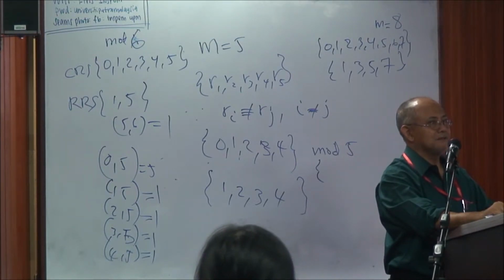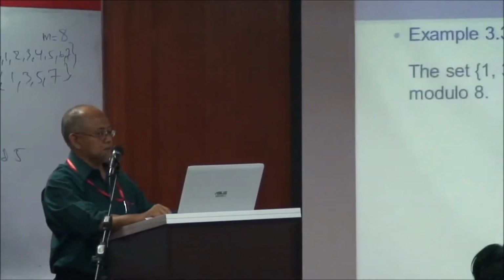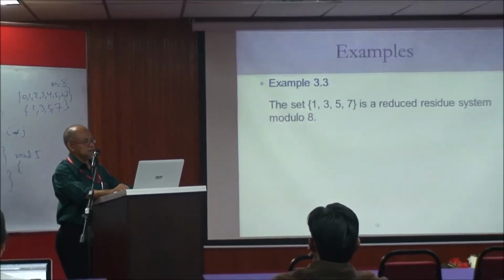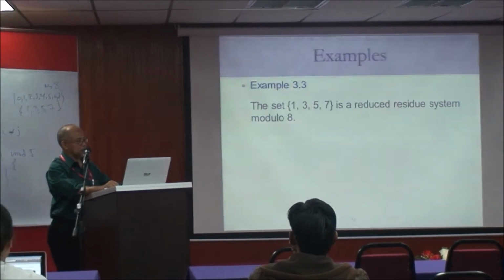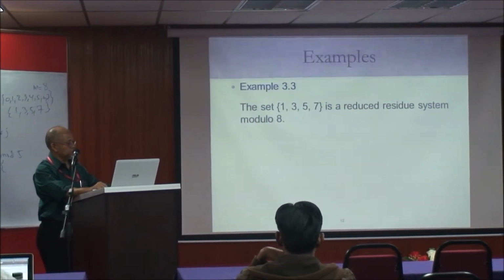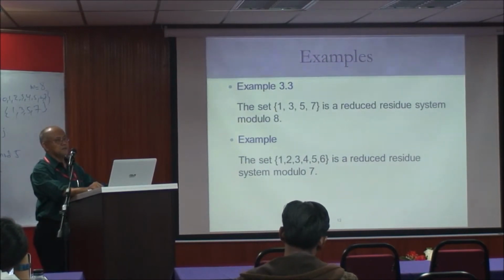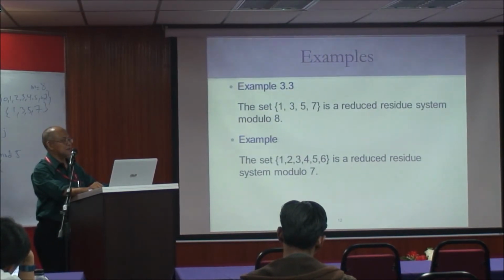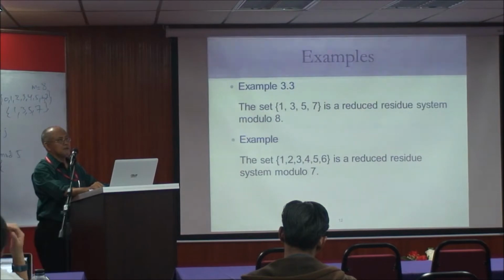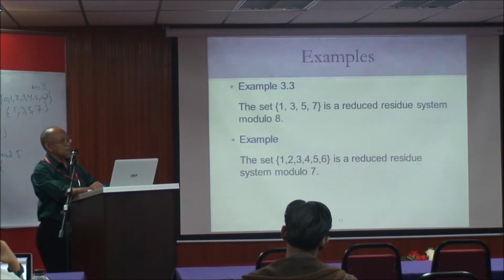So we'll get to that. Okay, some examples. This is modulo 8, which we discussed already. We have 1, 3, 5, 7 as the set of the reduced residue system modulo 8. And modulo 7 is simple, because it is a prime, right? Definitely all the integers except 0 are going to be prime to 7.